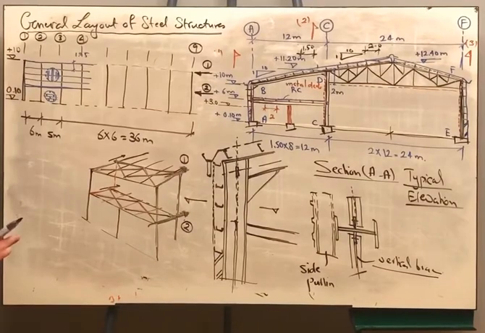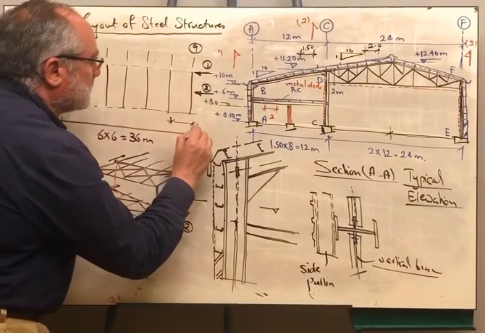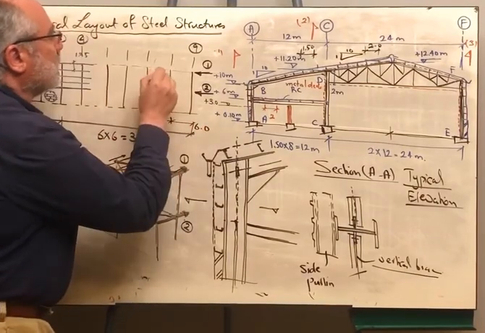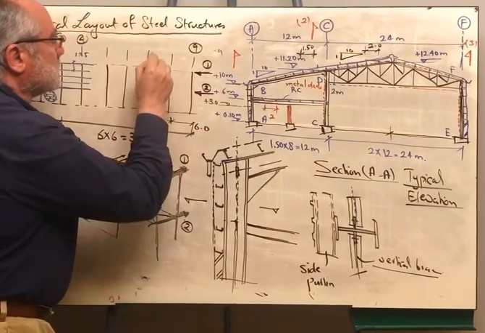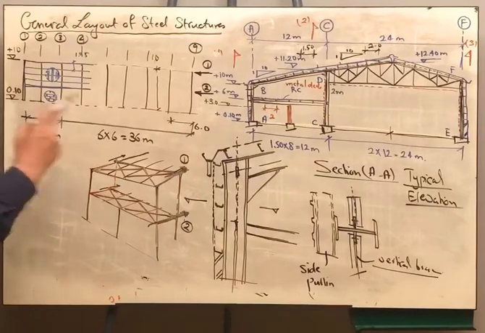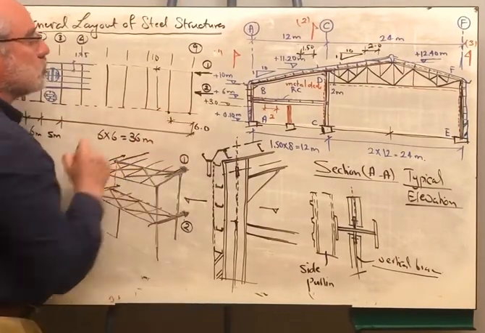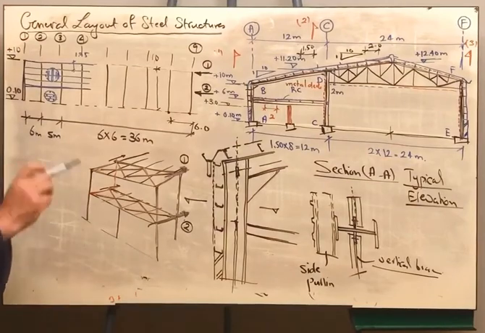Now let me ask you a question. I want to establish that this distance here is 6 meters and this distance here is 10 meters. I want to establish a stable truss that will take these two reactions and transfer them to the support of the column. How can I do this?